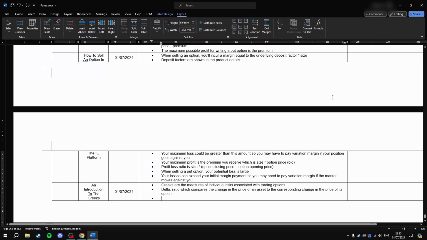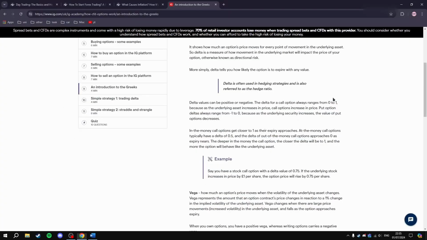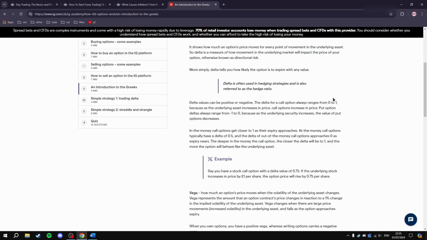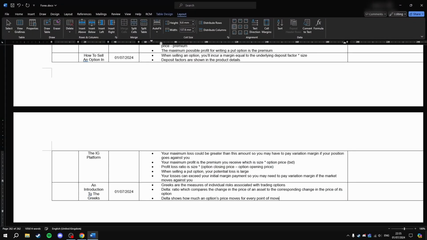Delta shows how much an option's price moves for every point of movement in the underlying asset.